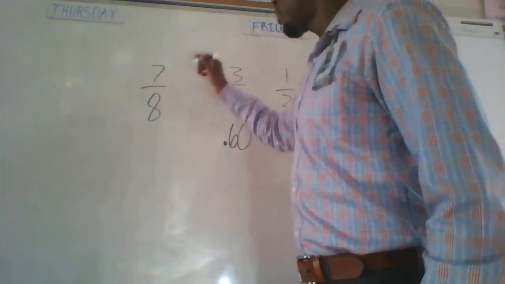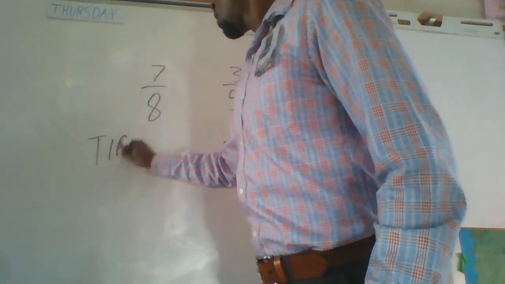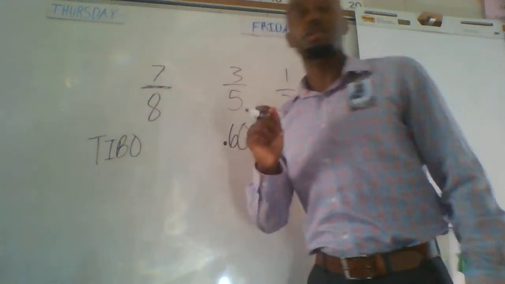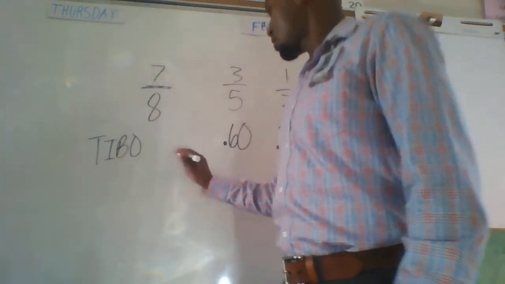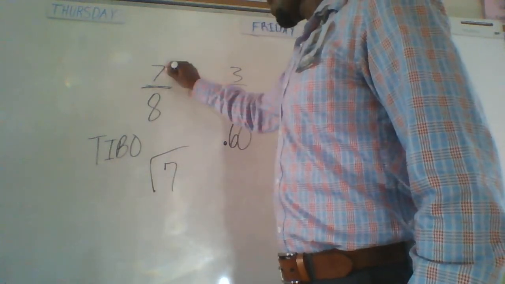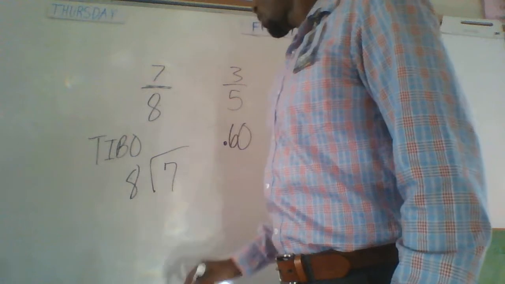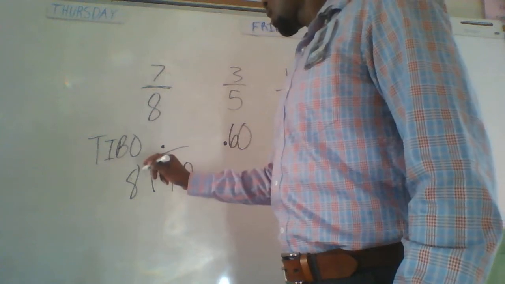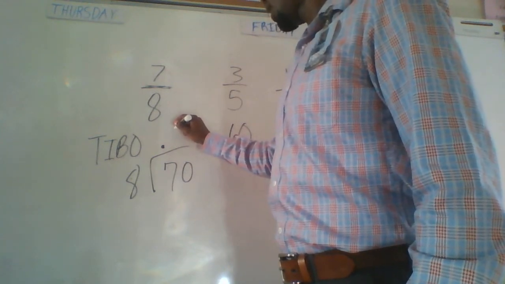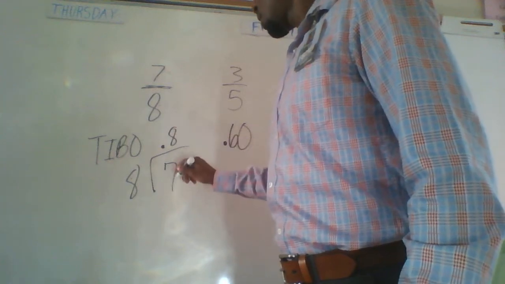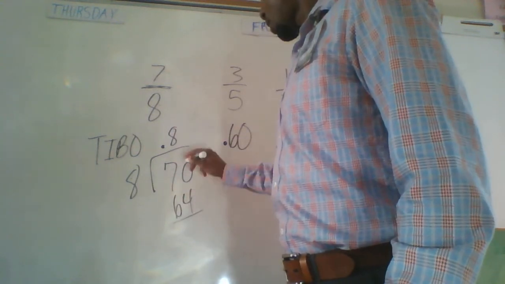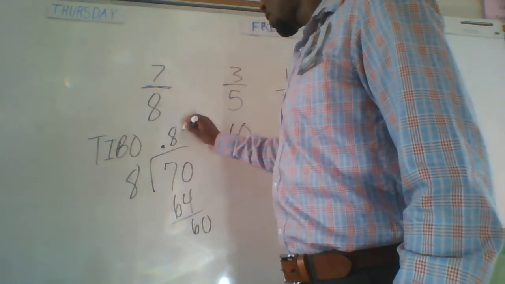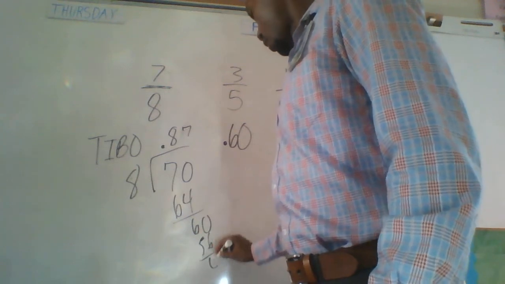So let's see. We do our tie bow, top in, bottom out. We divide our numerator by our denominator. Remember, this fraction symbol also means division. So let's do 7 divided by 8. Top goes in, bottom goes out. Okay, so we got to put our decimal because 8 can't go into 7. And then we add our 0. 8 times 7 is 56.